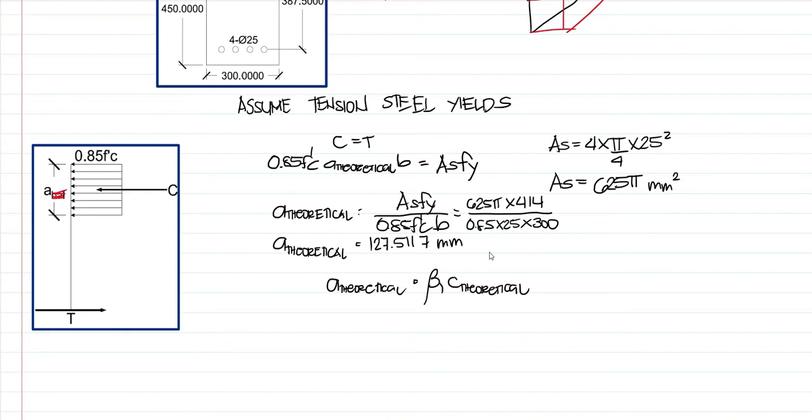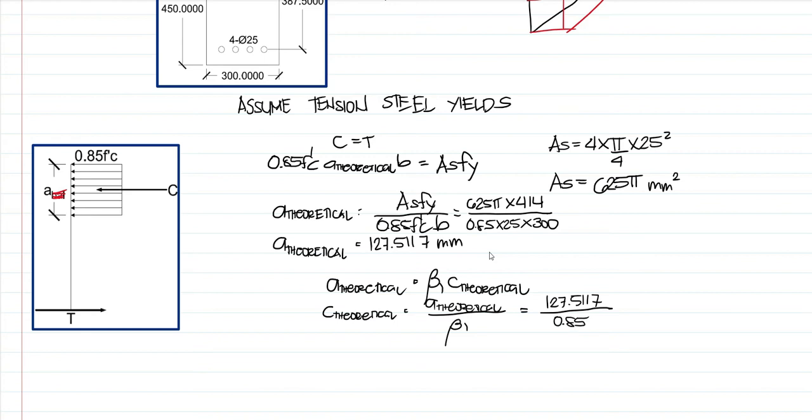Then arranging the term, we will have c theoretical is equal to a theoretical over our beta 1. So, a theoretical natin, 127.5117 divided by 0.85.